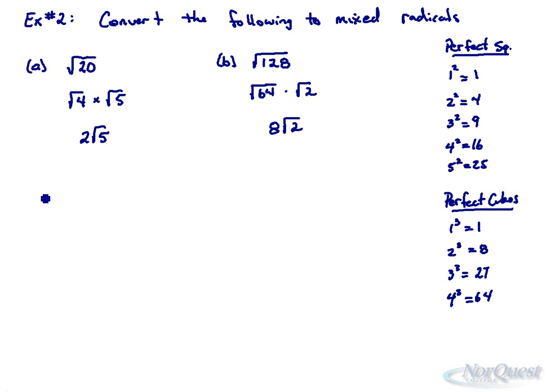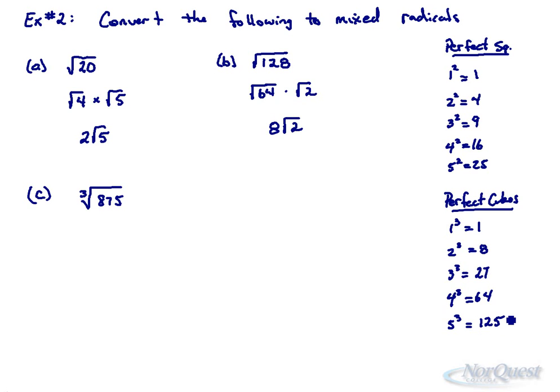One more example using cubes. Let's take the cube root of 875. Whenever I'm using a number ending in 5, I'm always thinking that if it's a cube, I'll try to divide it by 125. If it's a square, I'll try to divide it by 25.